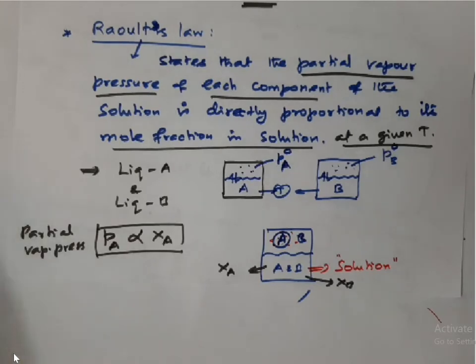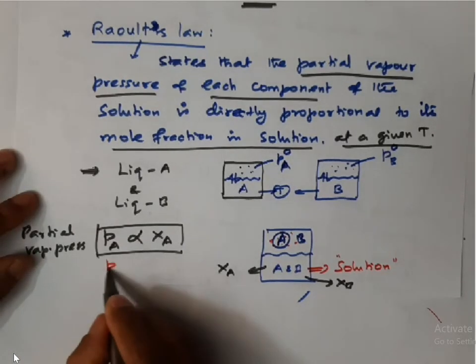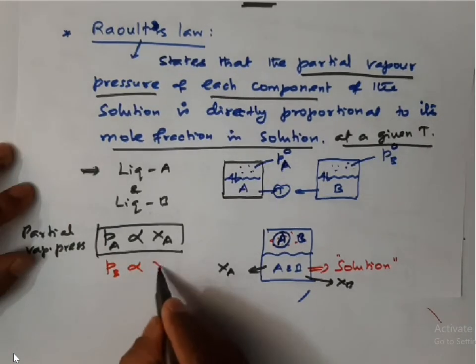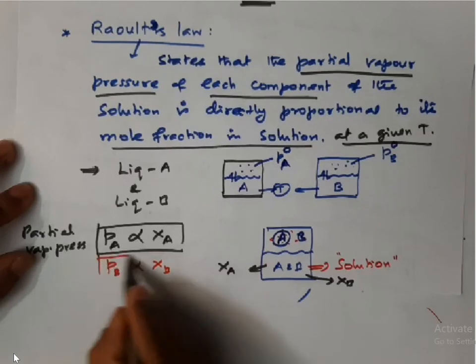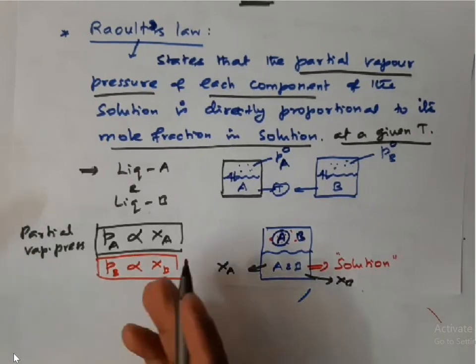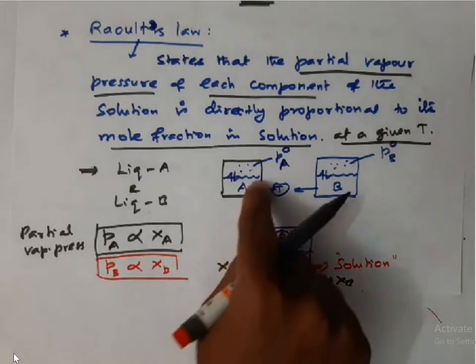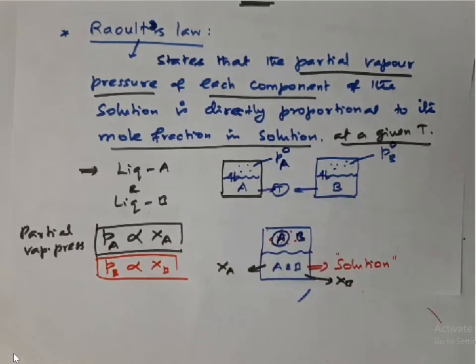Similarly, I can write partial vapor pressure of the component B is directly proportional to mole fraction of component B present in the solution. This is what we call Raoult's law. Raoult's law is applicable for solutions, not for pure liquids. We won't apply Raoult's law for pure liquid.